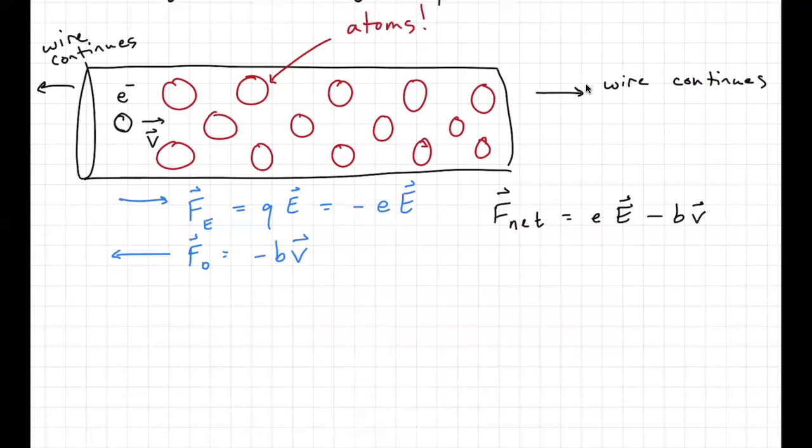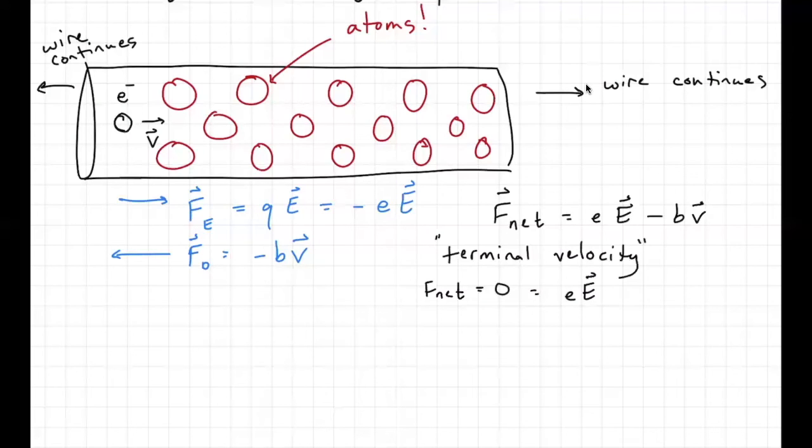So we should expect there's some sort of terminal velocity here when the net force equals 0. If I make this one-dimensional, just to make it easier to think about, then that says when the force of the electric field that's being supplied by the battery is equal to the magnitude of this drag force, that's when I get terminal velocity.